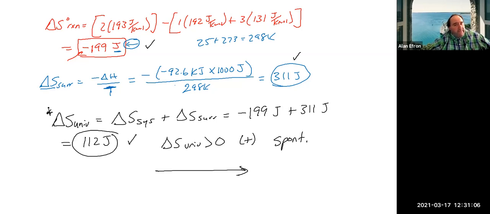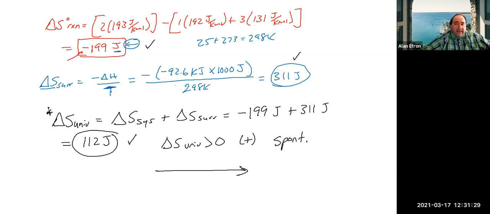So it's a very good reminder that when we determine that something is spontaneous, it doesn't necessarily mean that it is a fast reaction. It could be a really slow reaction. We have no information until you look at the kinetics of a reaction to determine whether or not it's fast or slow.